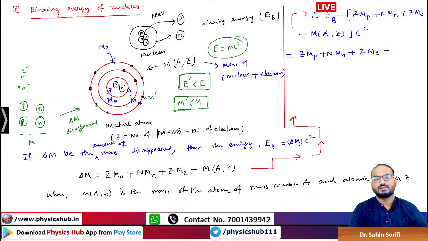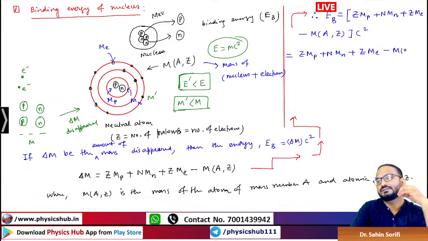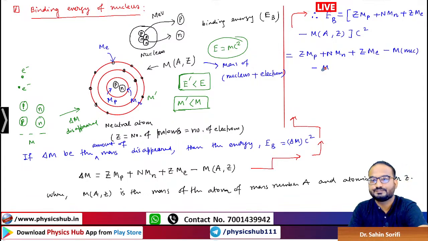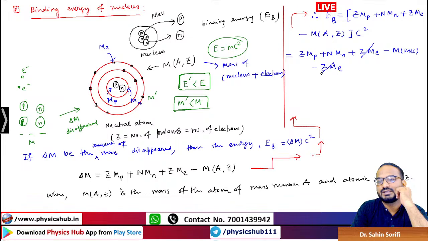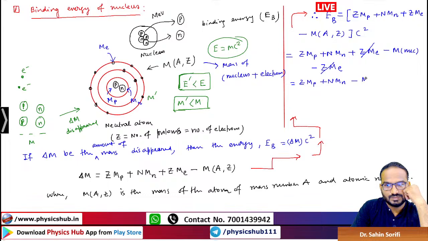Electrons and nucleus make the atom, right? So the mass of the atom can be written as the mass of the nucleus and the mass of the electrons, which is Z me. The fun fact is this Z me and Z me get cancelled. So ultimately we get Z mp plus N mn minus the mass of the nucleus, let's say m nuc, times c square.